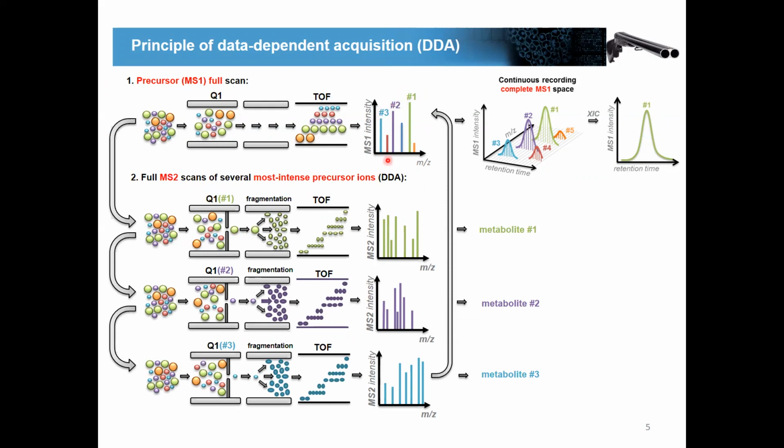And in the end, we get for each metabolite an MS1 and an MS2. This information can then be further used to identify the metabolite, either by searching through databases, or by measuring reference compounds and seeing if they have matching MS1 and MS2 spectra.